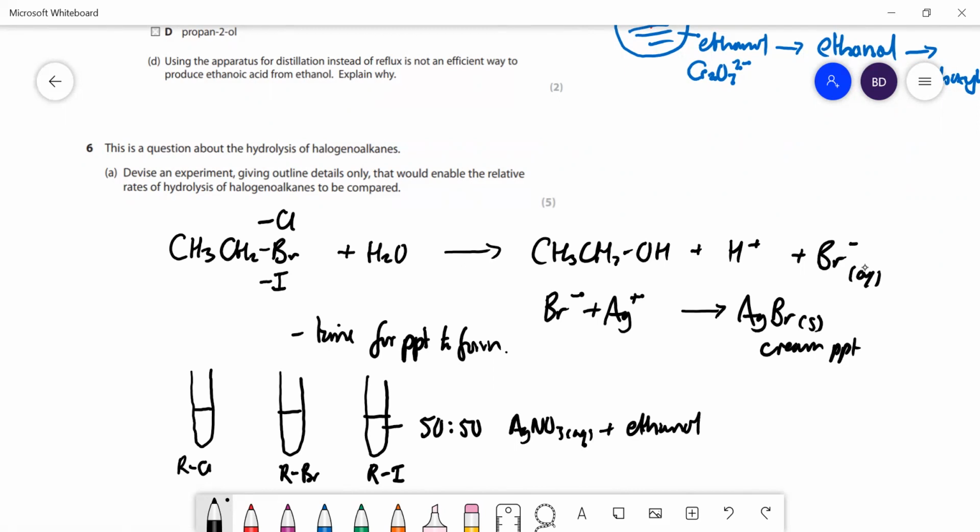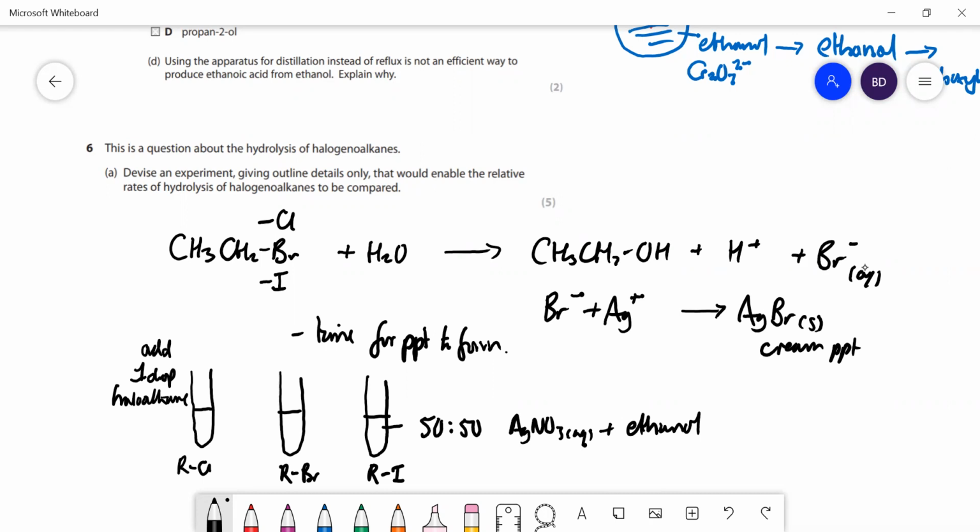And then to make it a fair test, you are going to add 1 drop of haloalkane from a glass pipette. And if you do that, the drop sizes are surprisingly similar. Well, they're more or less the same size.